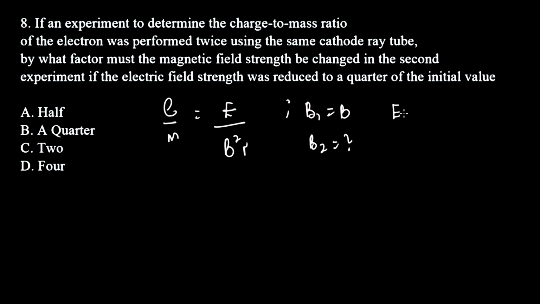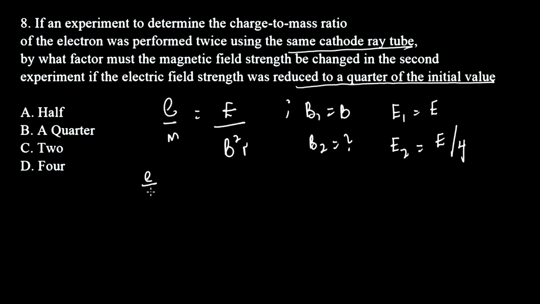Let's say E1 is E, and E2 was reduced to a quarter of its initial value, so E over 4. Since we used the same cathode ray tube, it is safe to say that the charge to mass ratio is constant and the radius r is also constant.